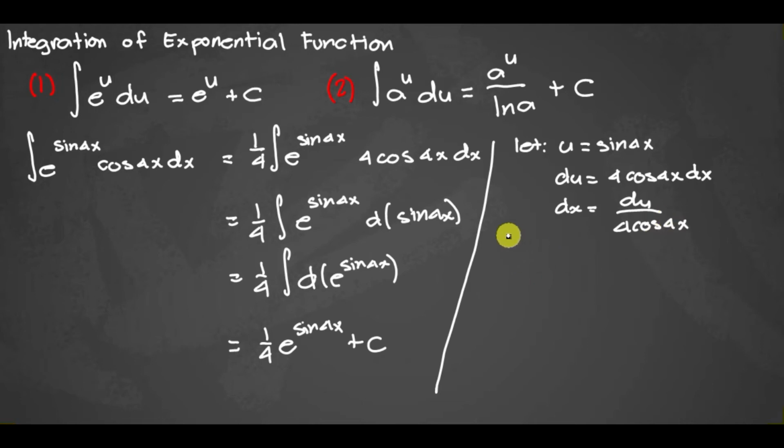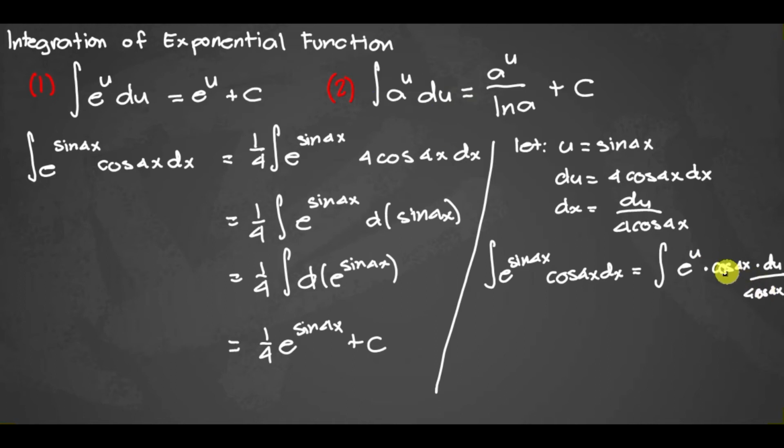By substituting our newly assigned variables into our given integral, the integral of e raised to sine 4x times cosine 4x dx is equivalent to the integral of e raised to u, times cosine 4x, where our dx is equivalent to du all over 4 cosine 4x.